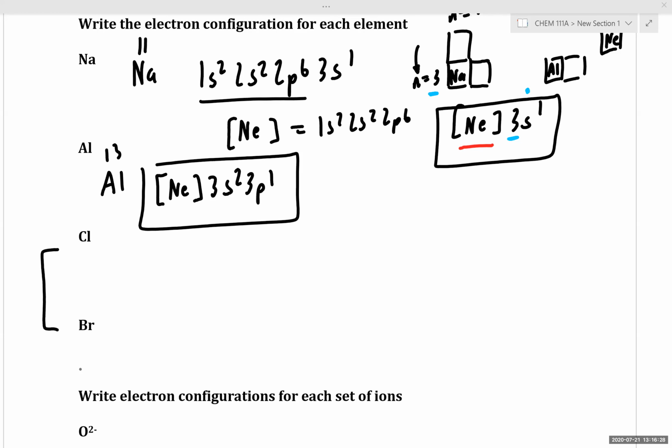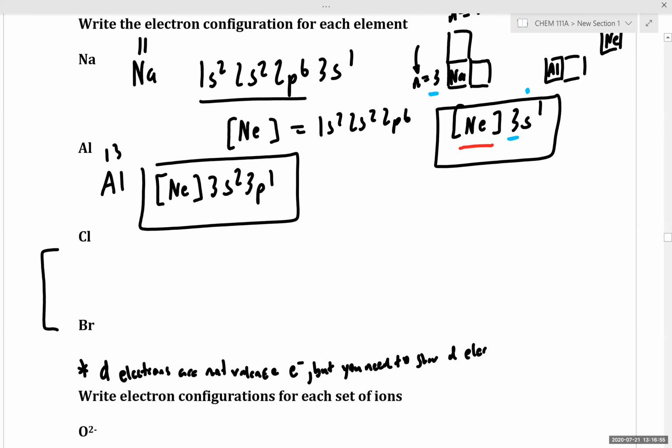One thing that I want you to just keep in mind for these 2 examples is that d electrons are not valence electrons, but if you need to write them out, show d electrons not found in your noble gas.